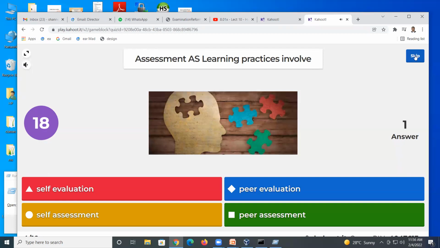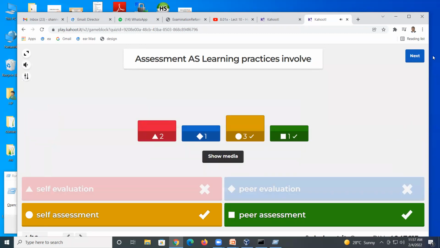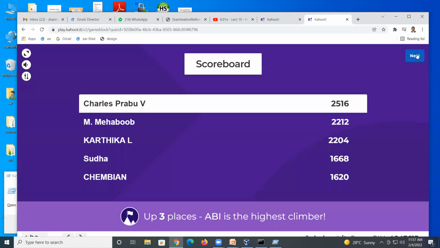I reduced the timing. Almost 7 answers. Most of them chose self-assessment and peer assessment as assessment as learning. Yes, that is assessment as learning.